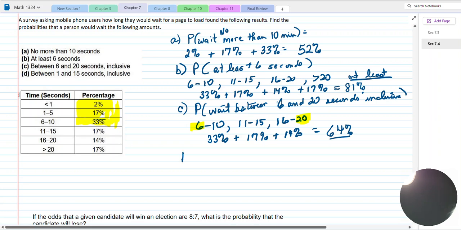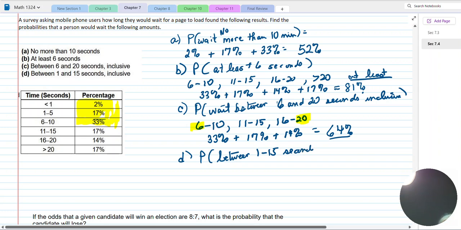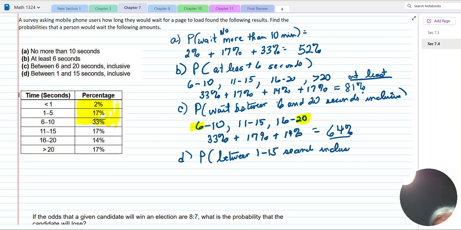Okay, so now we're at the D, and the D one says probability between 1 and 15 seconds. Again, between the two numbers.